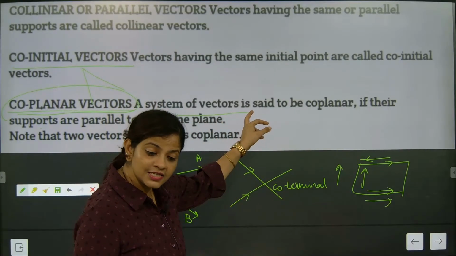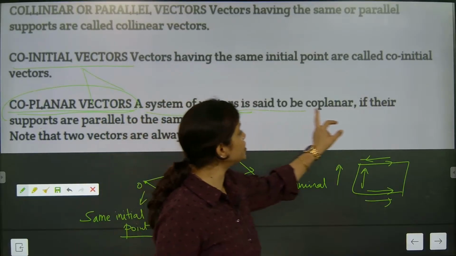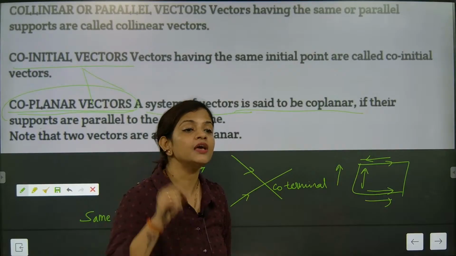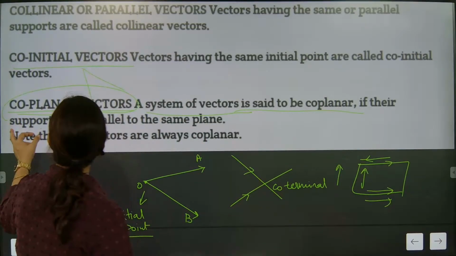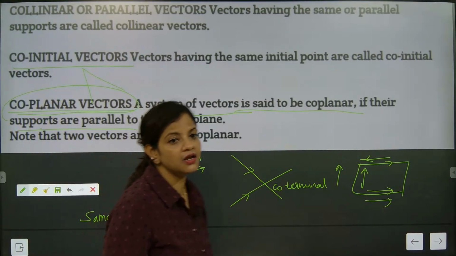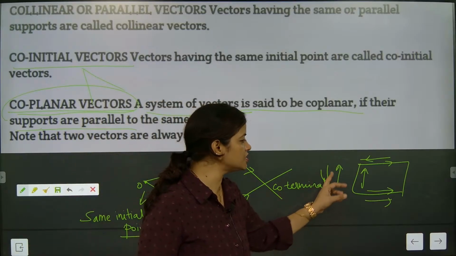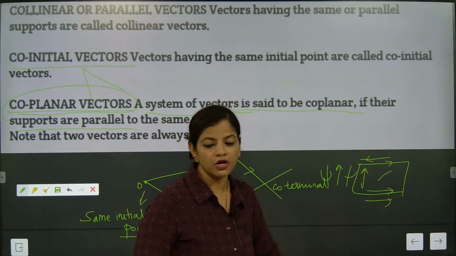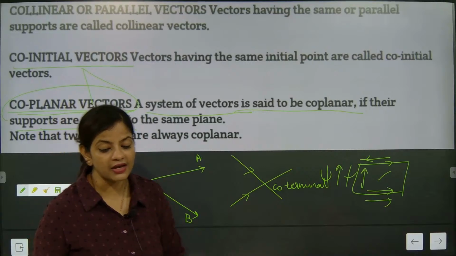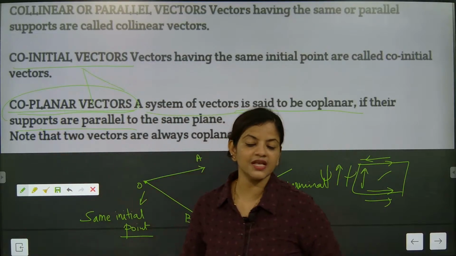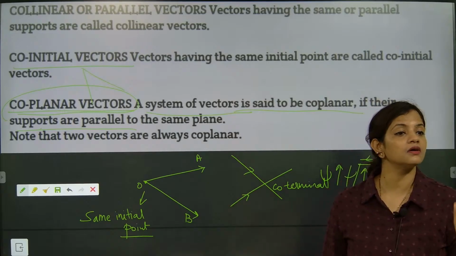A system of vectors is said to be coplanar if their supports are parallel to the same plane. Understood or not? So the supports are parallel, then it will be considered what, beta?